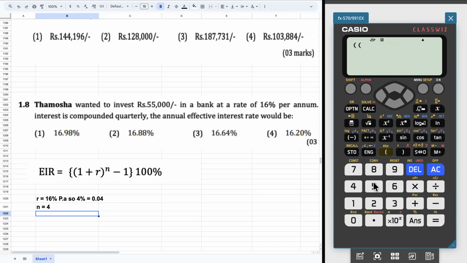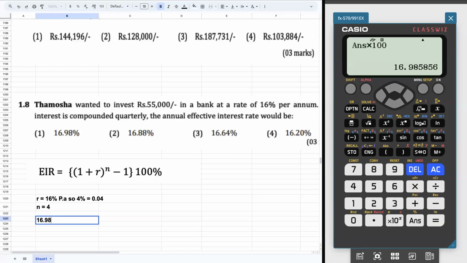Open bracket, another bracket, 1 plus R. R is going to be 0.04 per quarter. Close the bracket, put the power, N is going to be 4 periods, and minus 1, and times by 100 to get the exact percentage value. This is the value, 16.985.